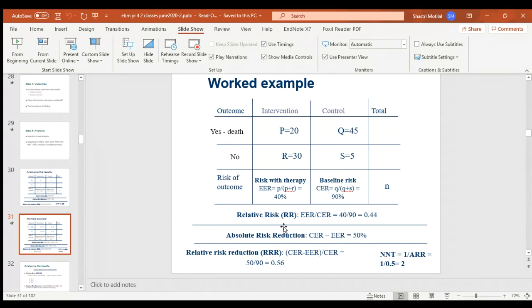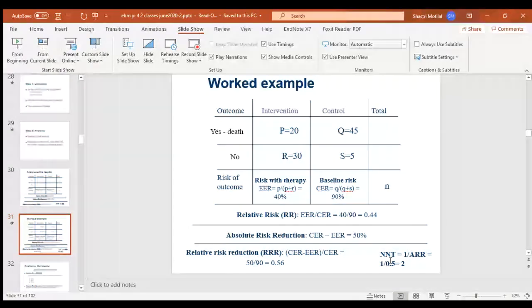But let's look at the measures. The relative risk here is 40 over 90, which is 0.44. The absolute risk reduction is the difference: 90 minus 40 is 50%. The relative risk reduction is the absolute risk reduction, 50%, over the control event rate, 90%, which is 0.56.